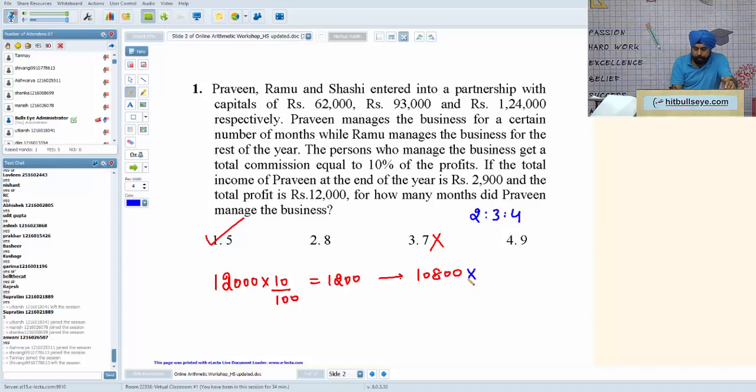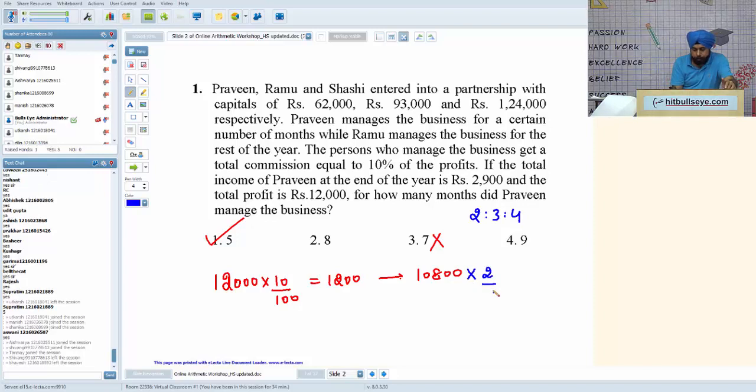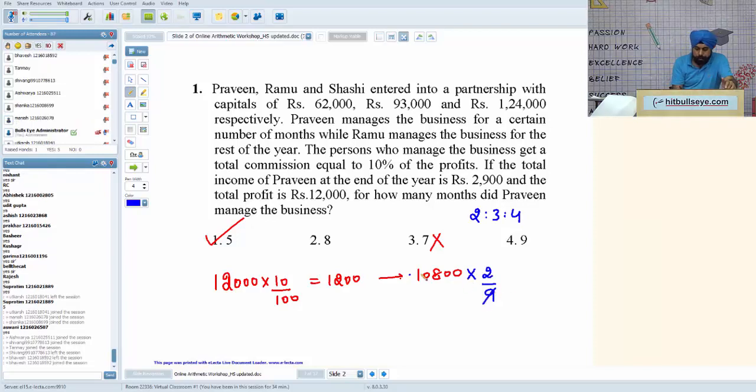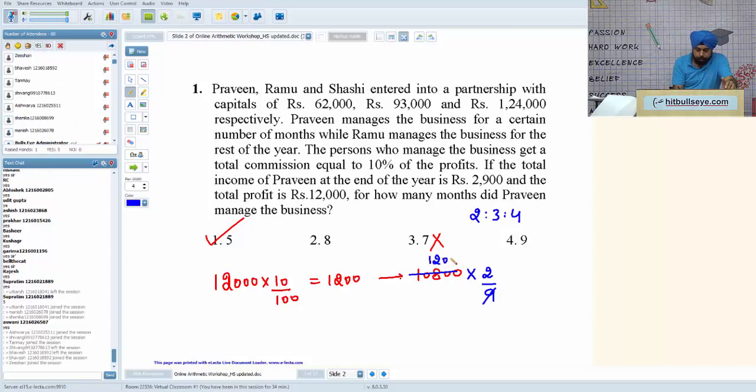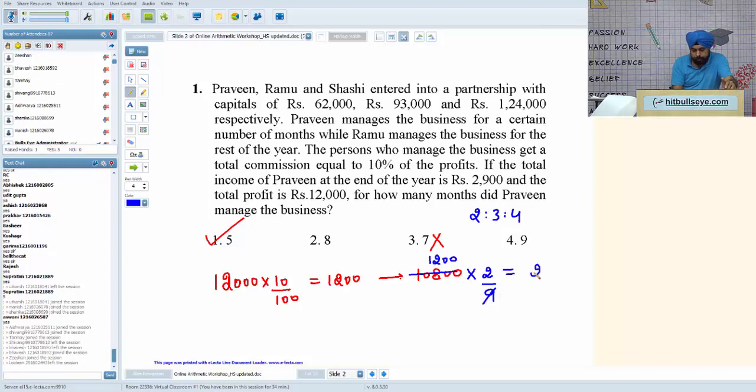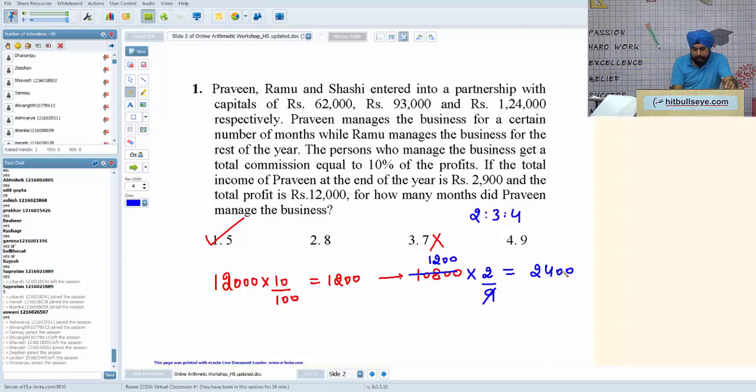Now we want to calculate it for Praveen, which is the first person. So Praveen will have 2/9 of the total profits. So 2/9 of that comes out to be 2400, students. Now as he has got a total of 2900, that means he has got 500 rupees for managing the business.